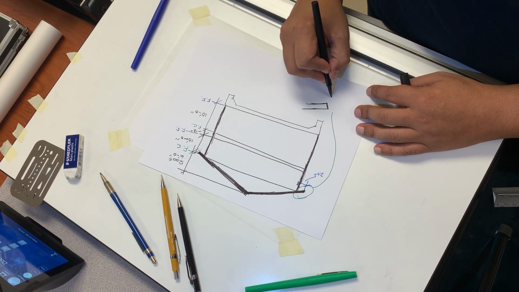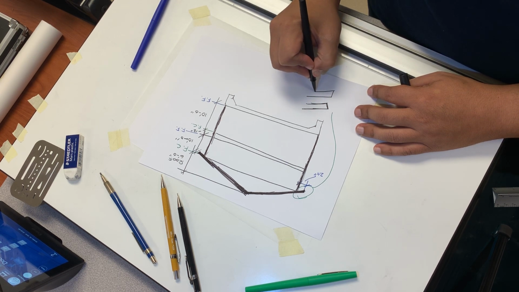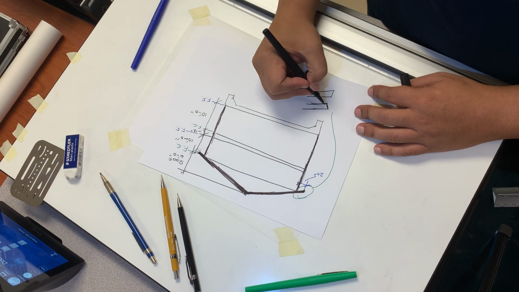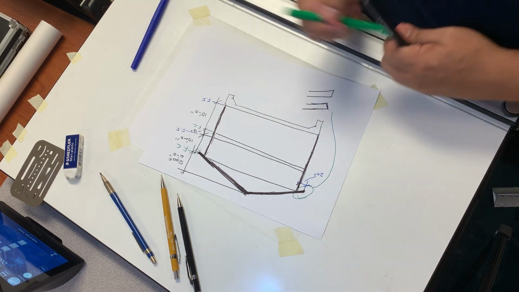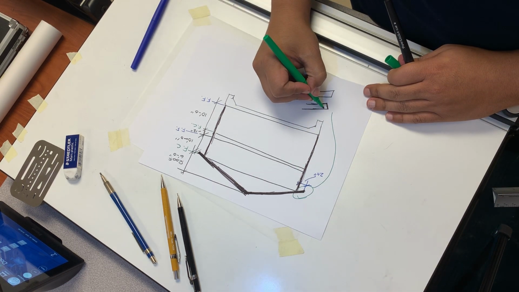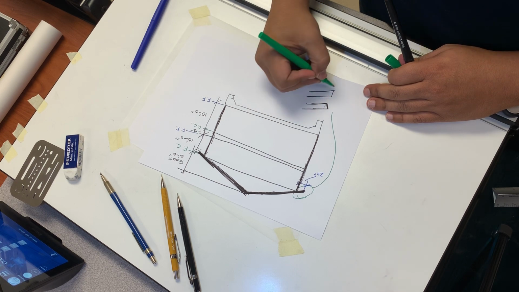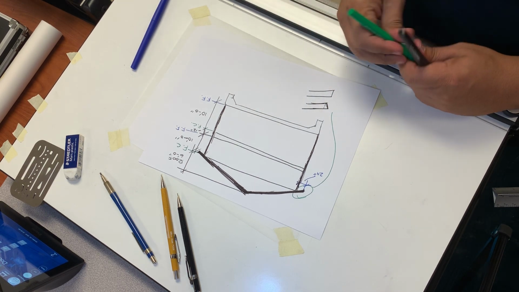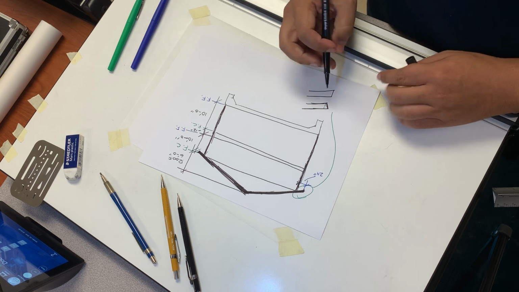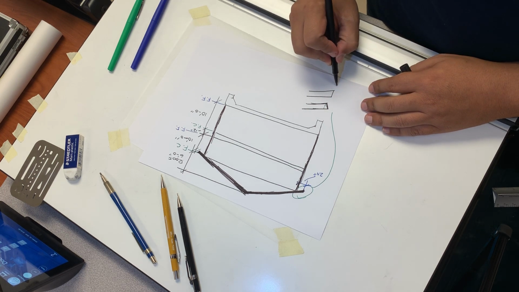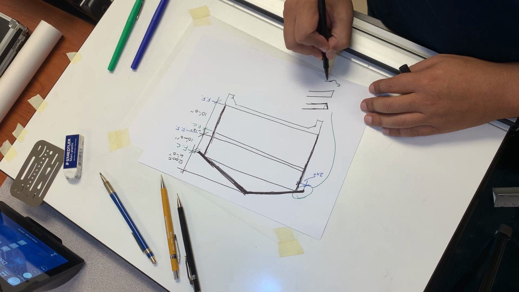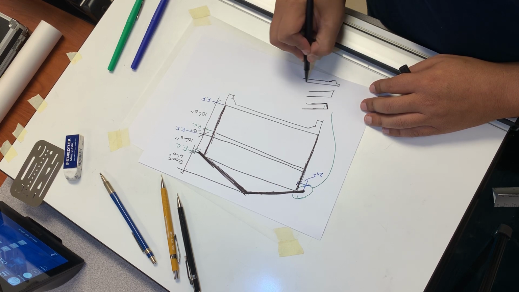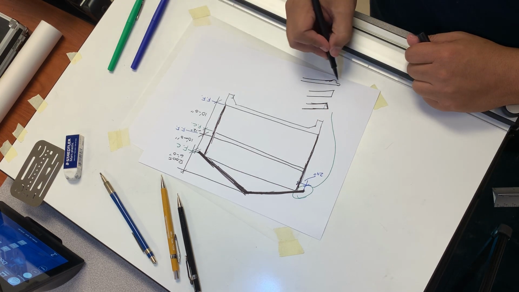Sometimes you'll see it like this, where they cut a section of this to be flush like that. And then sometimes you'll see very decorative ends, and that can vary.